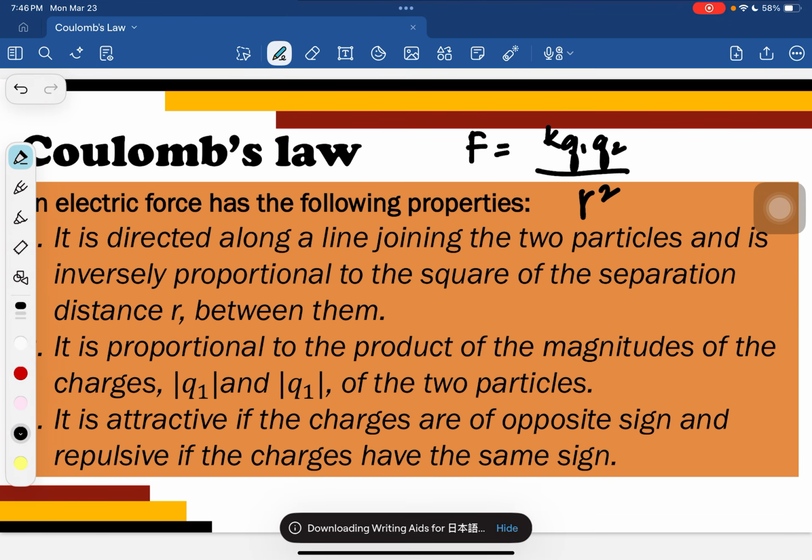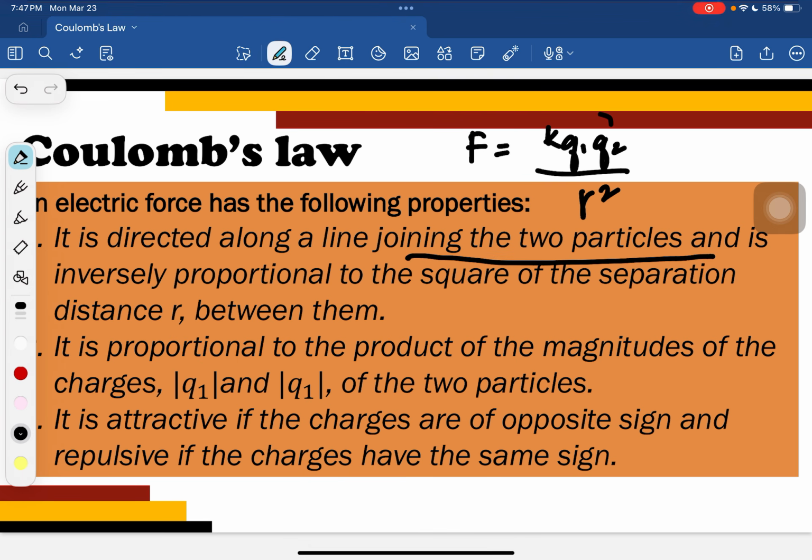So it is joining the two particles Q1 and Q2, and it is inversely proportional to the square of the separation distance between them. It is proportional to the product of the magnitudes of the charges Q1 and Q2 of the two particles. It is either attractive or repulsive. It's attractive when the charges are of opposite sign, and repulsive if the charges have the same sign.